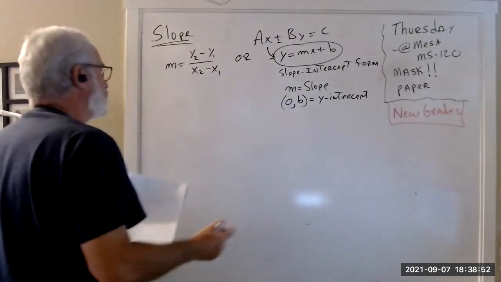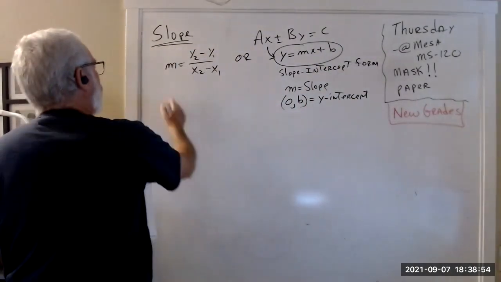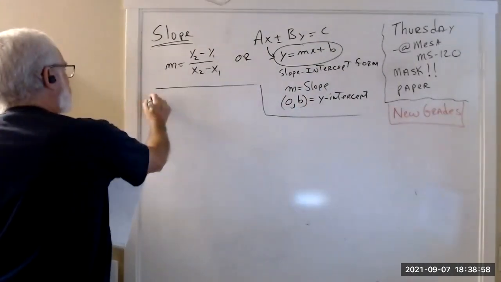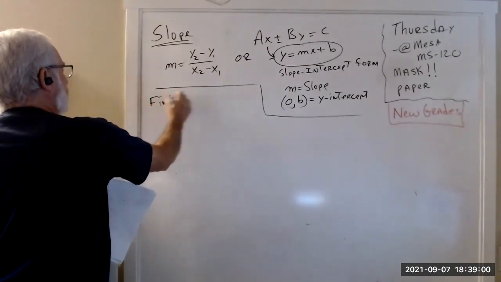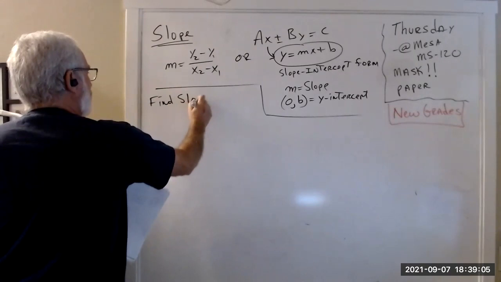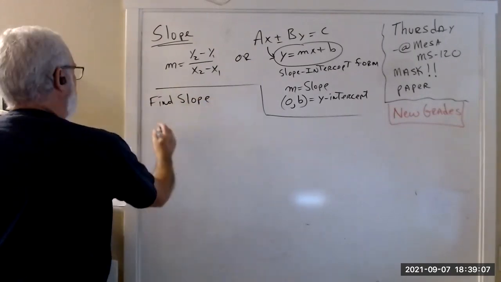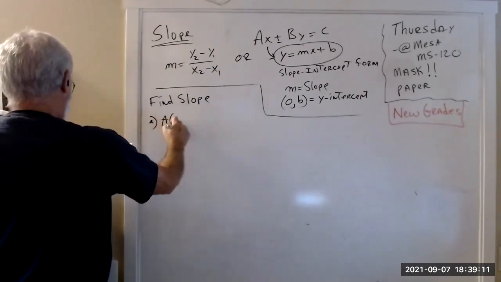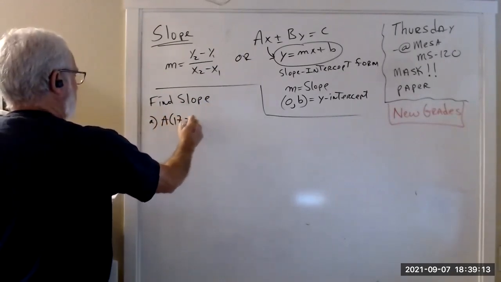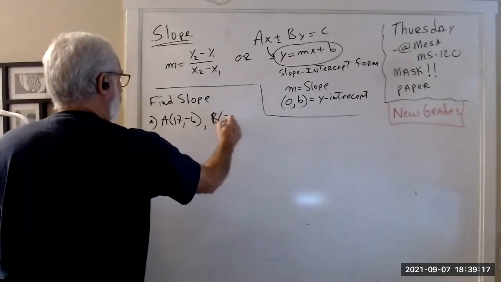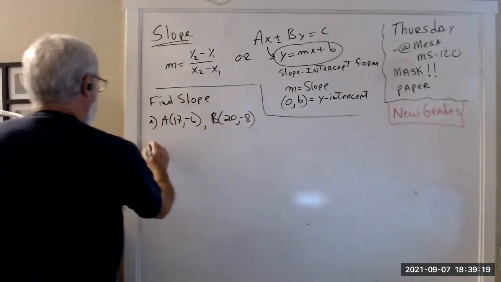From last week. So what I want you to do for each of these is find the slope. Problem A is going to be the point (17, -6) and the point (20, -8).